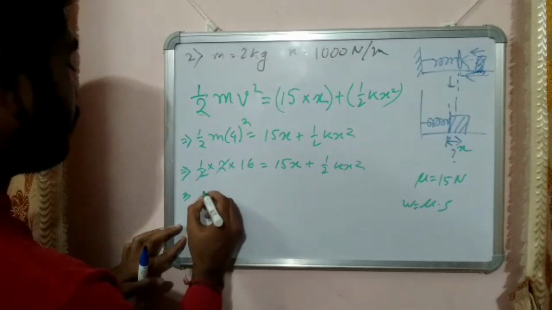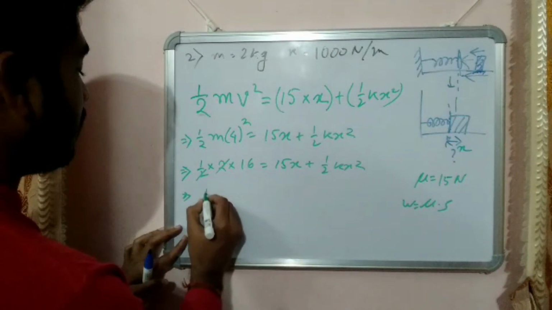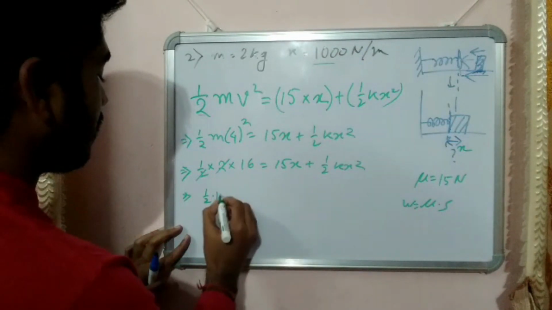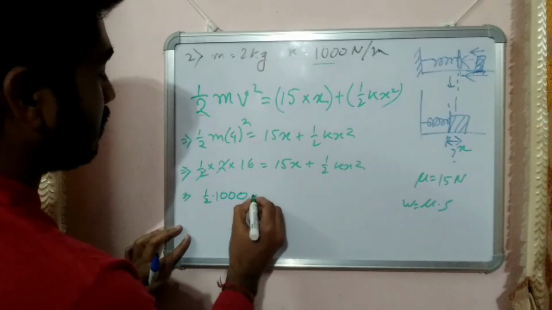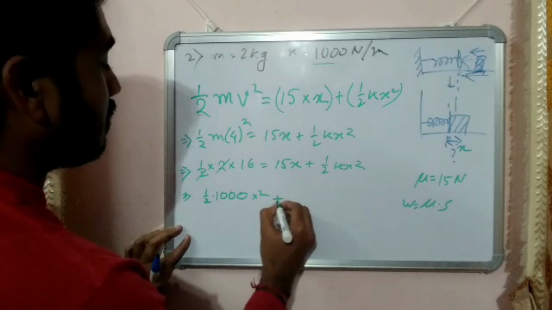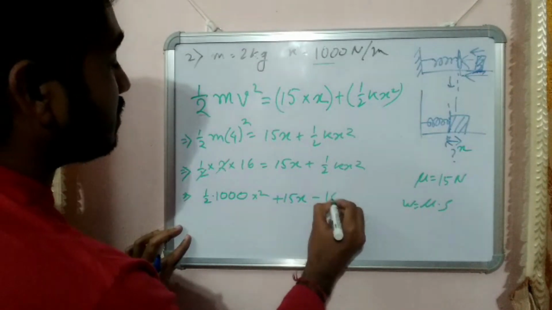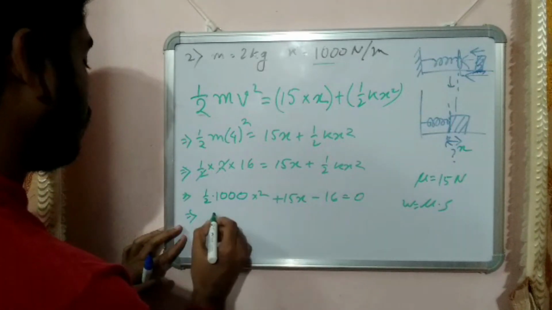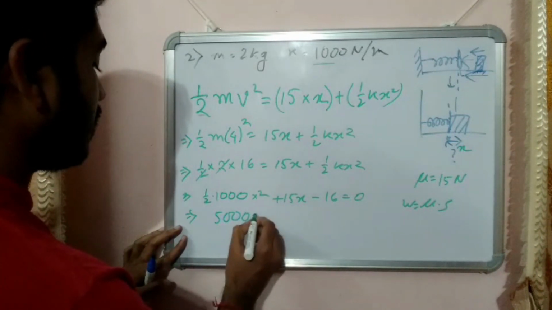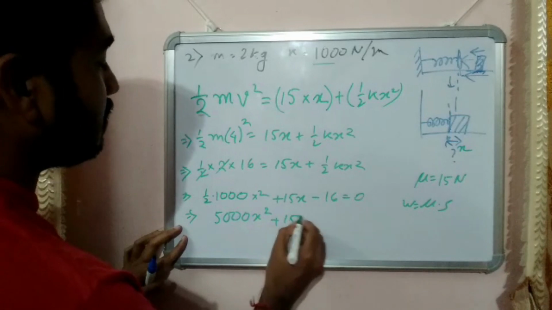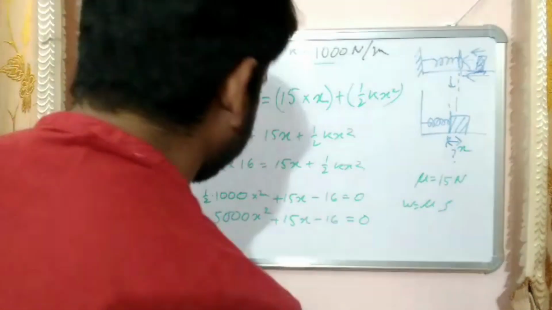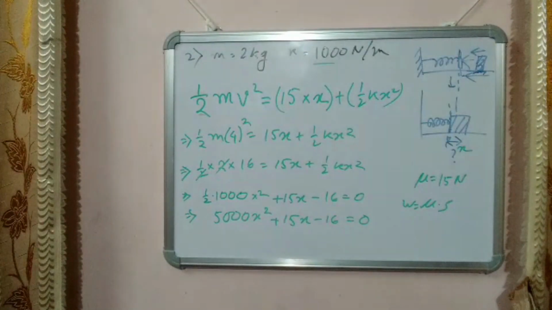If we put it here, half, k means 1000, x square plus 15x minus 16 equals 0, and it will become 500x square plus 15x minus 16 equals 0.